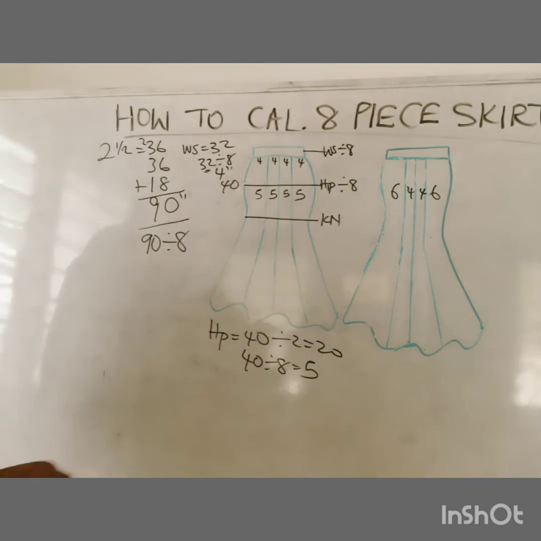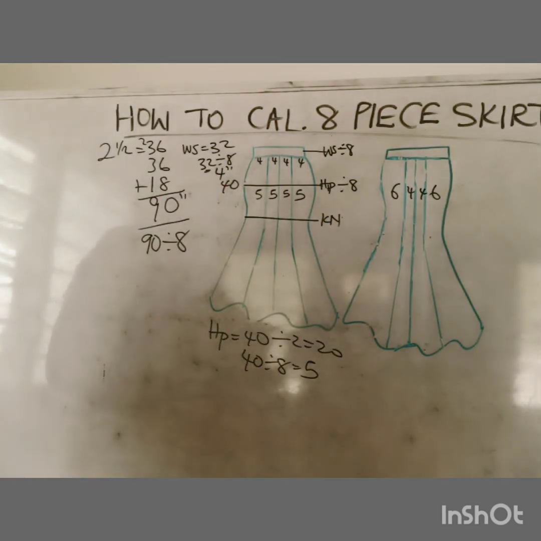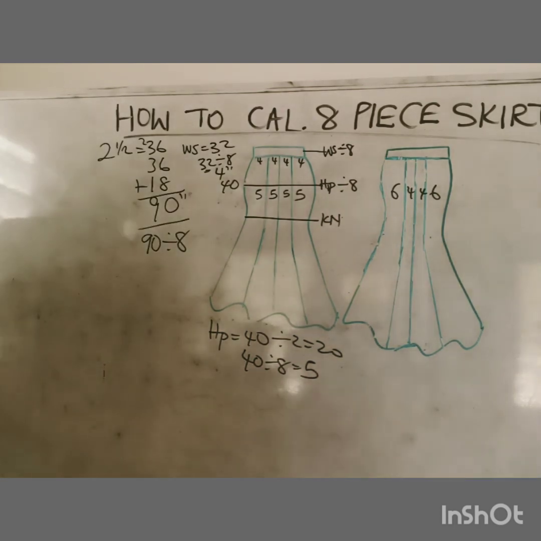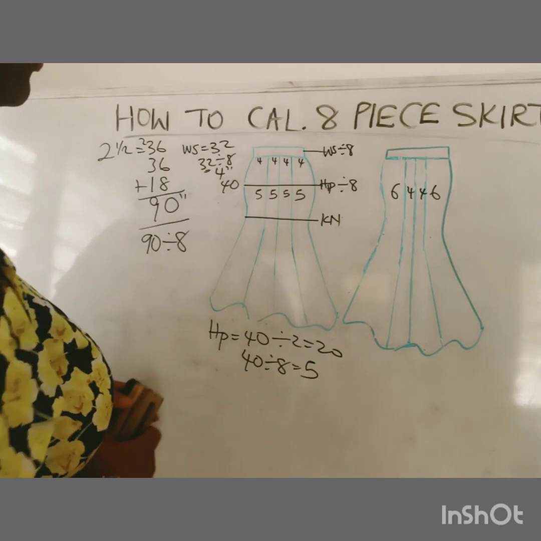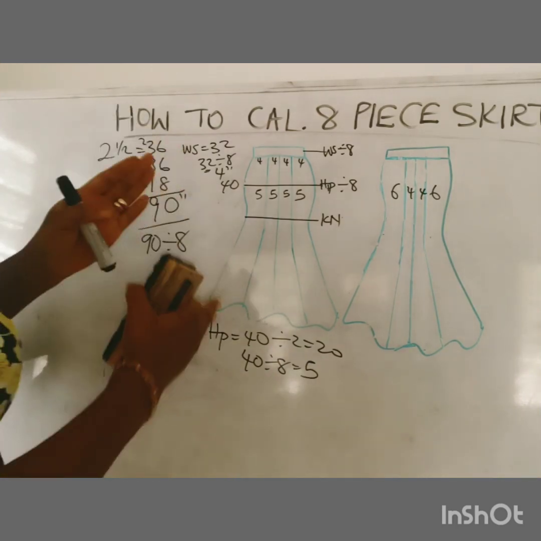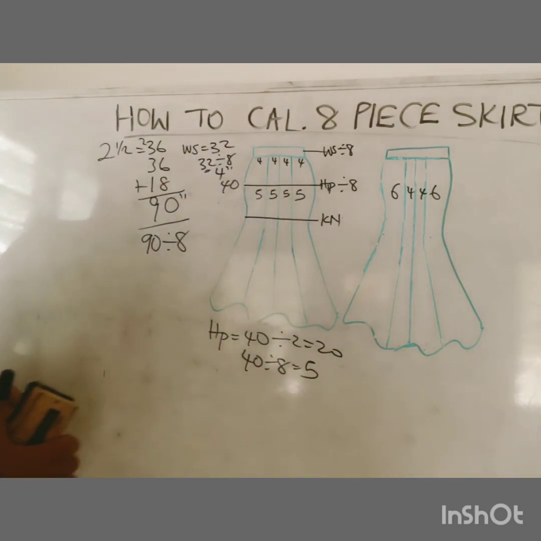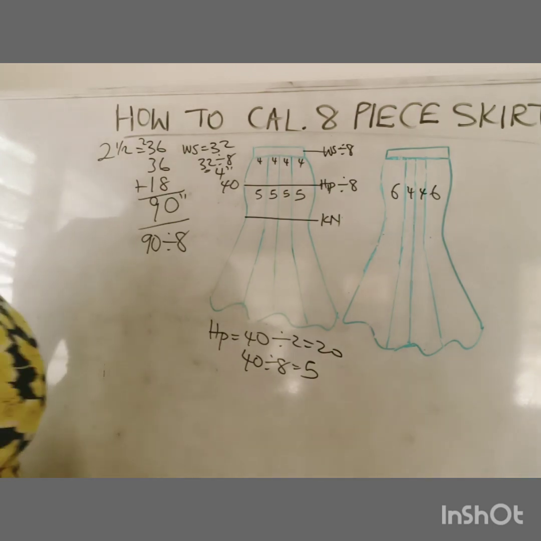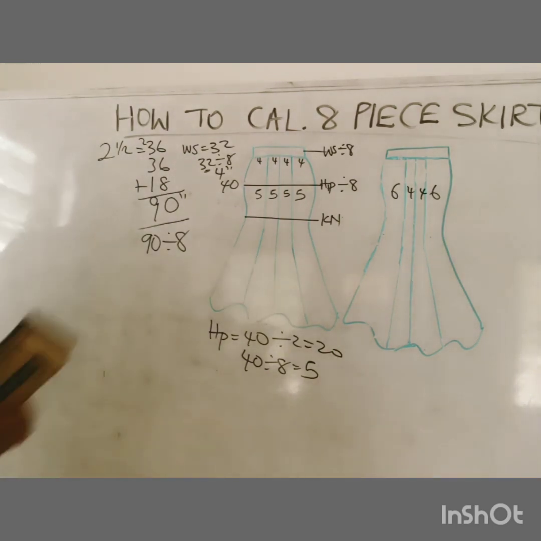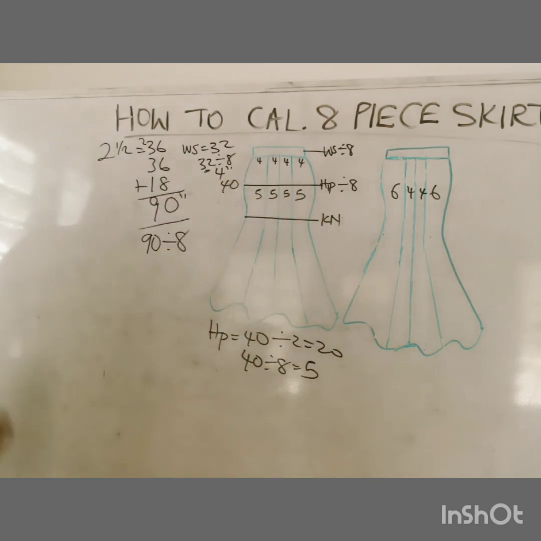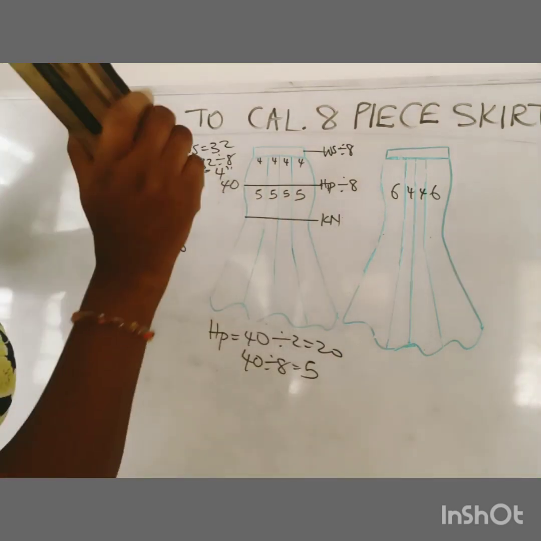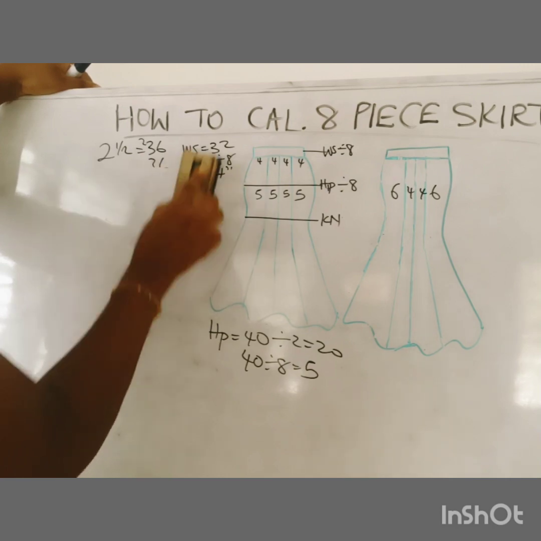But what about the allowances? So let's see how to calculate the allowances, because if you do not get the allowances, at the end of the day, after joining all the panels, you will discover that you will have shortages. So you need to know what to add to what you already have here, so that you do not have such shortages.